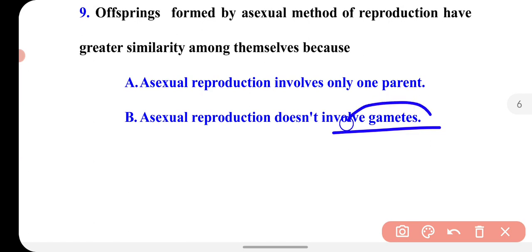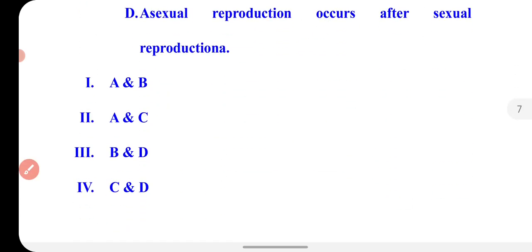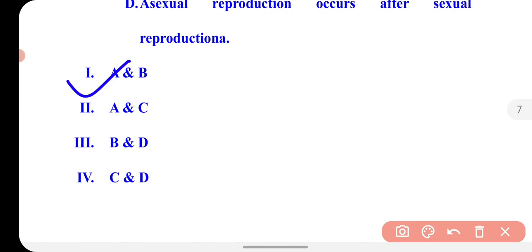Due to the formation of gametes and their combination, new variety develops in the sexual mode of reproduction. But in the asexual method, only one parent is involved and there is no gamete involvement. That's why there is no variation, and the offspring look very much similar to their parents. So options A and B are correct. Here you will tick A and B, the first option.